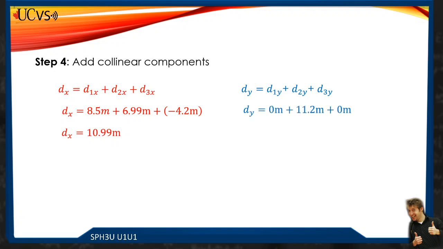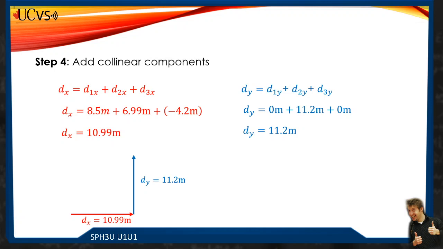Same thing for the Y's. I had no Y from 1 or 3, but multiplying by sine for D2, I ended up with D2Y. The Y direction of D2 is 11.2. Since I didn't get any extras from 1 or 3, it's only that Y component from 2. So now I have my final dx and dy.